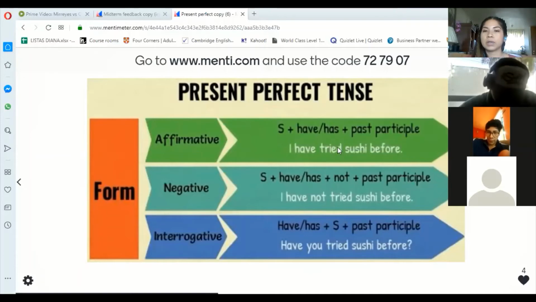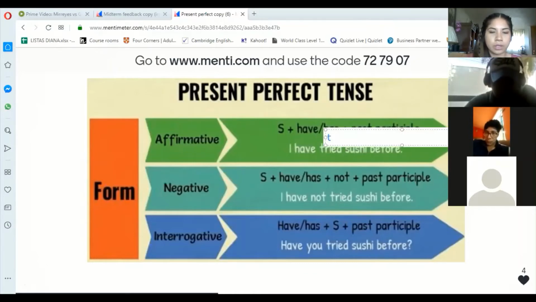What is that? Is the third column in irregular verbs or just ed? Si los verbos son regulares, pasado participio solo le pones ed. Acá tenemos una y, try. Entonces el pasado participio va a ser tried con ed. If you have y, you change y and you add ed.